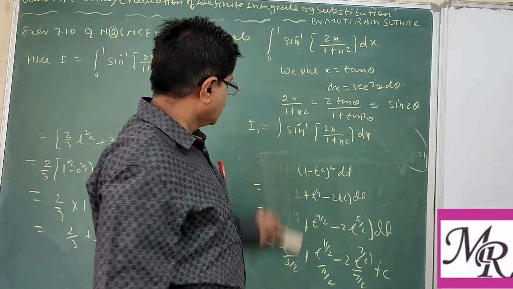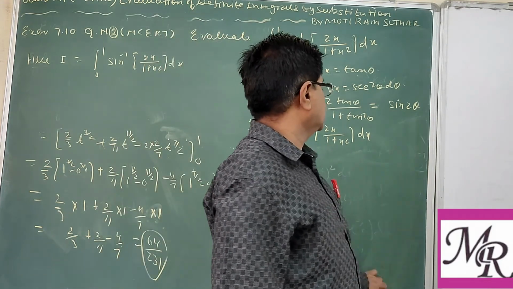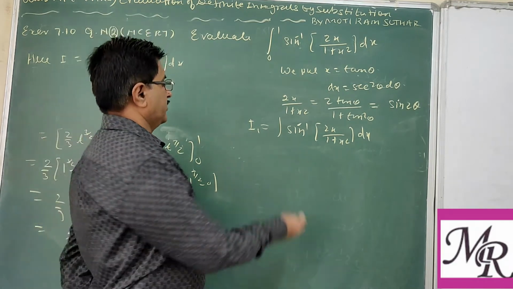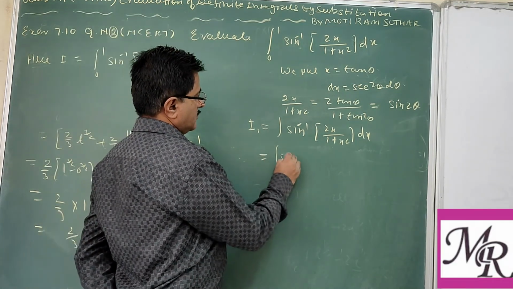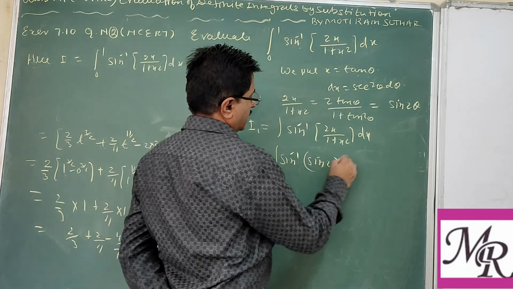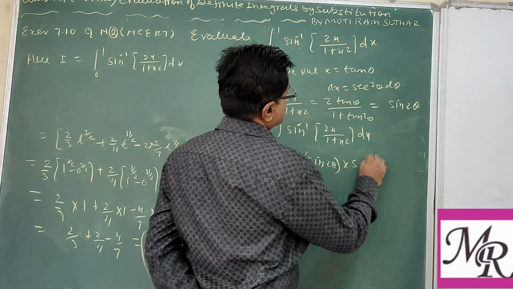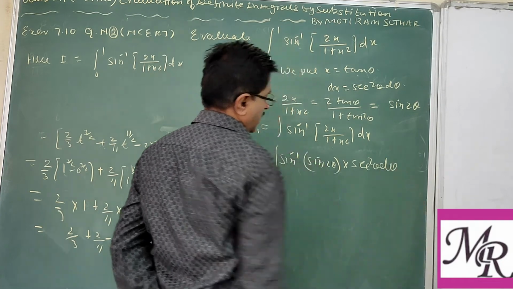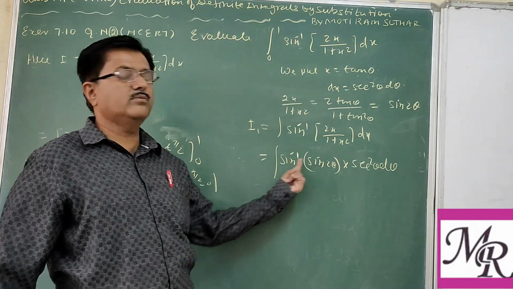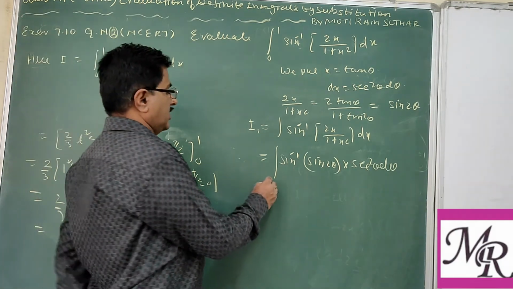So if we make the substitution here, this can be written as sin inverse of sin 2 theta into sec square theta d theta. Now you know that sin inverse and sin will cancel for the principal branch value.